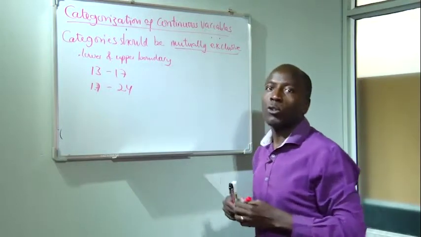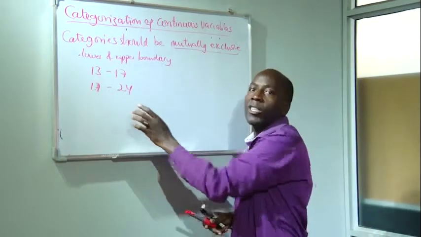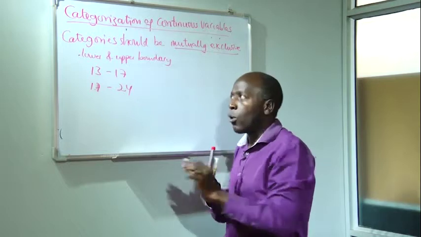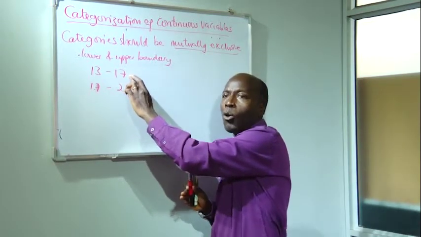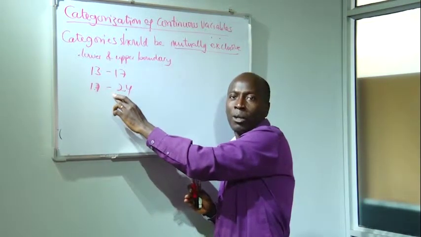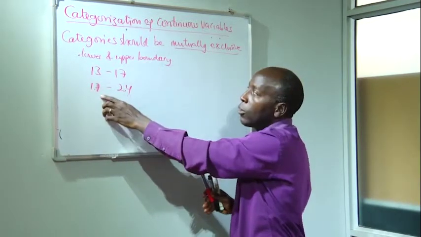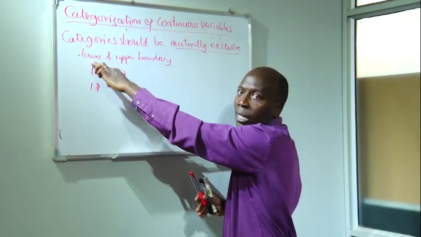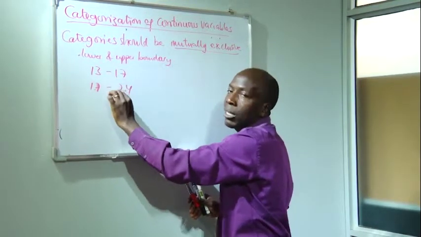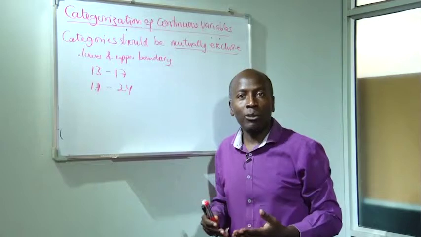Because now the question is, where do we put the 17-year-old people? Do we put them in this category or in this category? Because in this category, they are in the upper boundary. In this category, they are in the lower what? Boundary. So that means this category and this category are not mutually exclusive.